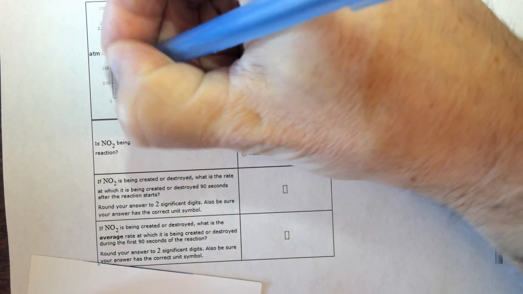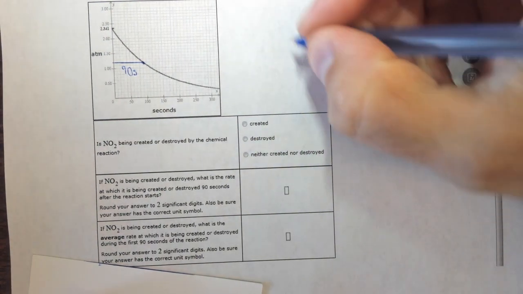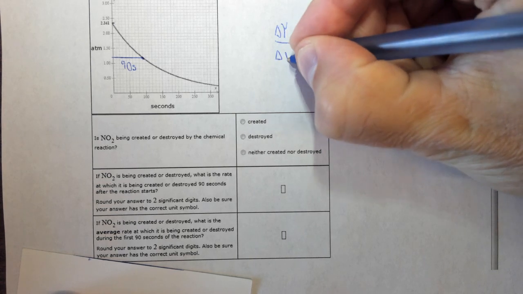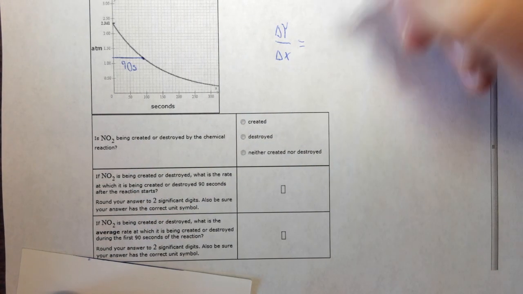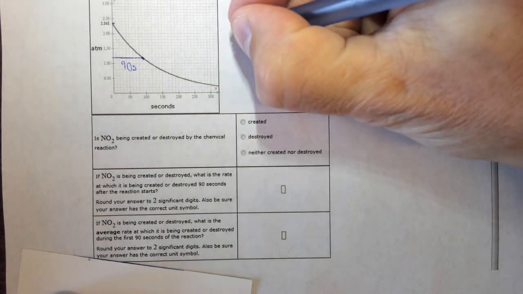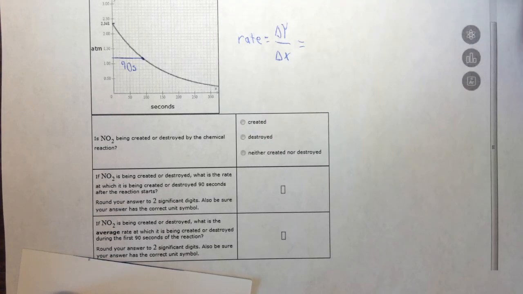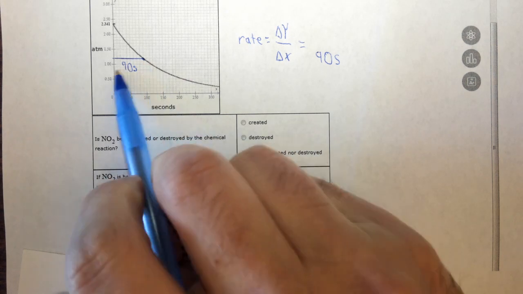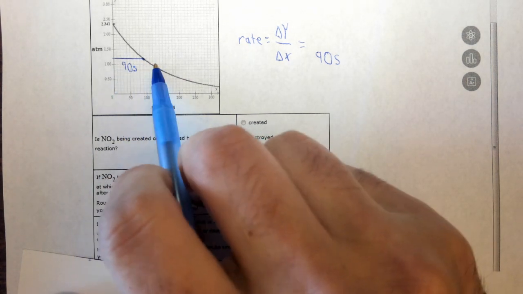Note that this is 90 seconds. The average rate is still delta y over delta x. So delta x is 90 seconds because I went 90 seconds.